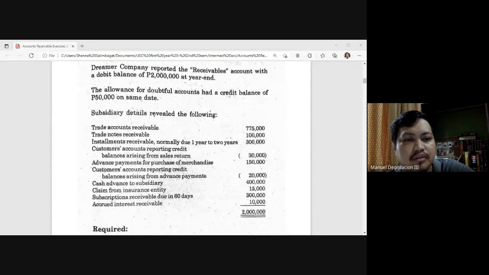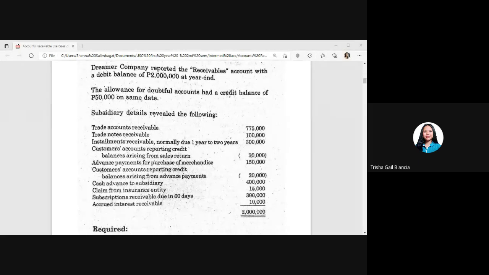Right, but what did we say earlier about credit balances? Are we supposed to deduct it from the other receivables? Although it states, sir, that it should not be offset because it arises from a liability, sir, but because of the word sales return, sir, I think it is a current asset and part of trade.